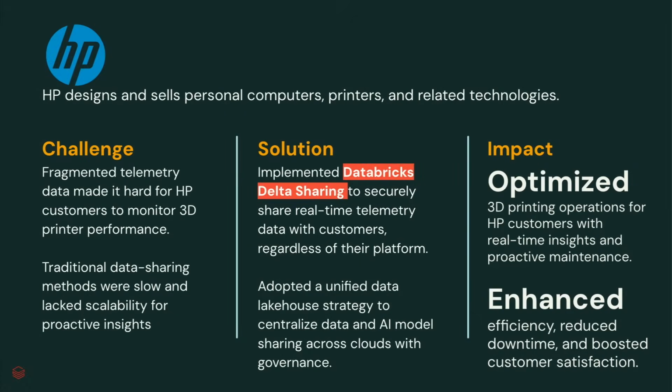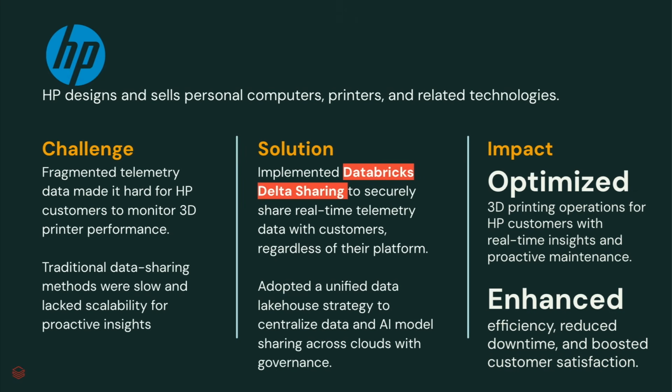So let's talk about how one specific customer is using delta sharing today. HP is revolutionizing their 3D printer business using delta sharing. Previously, they had all this fragmented 3D printer telemetry data that they weren't able to share seamlessly with their customers. Enter Databricks Managed Delta Sharing.